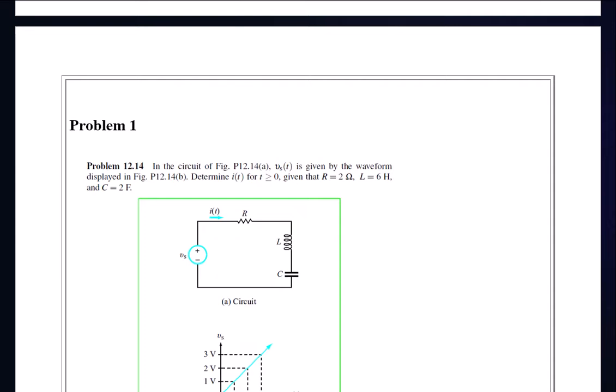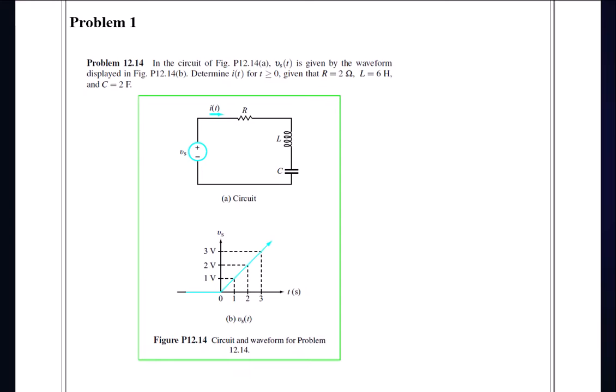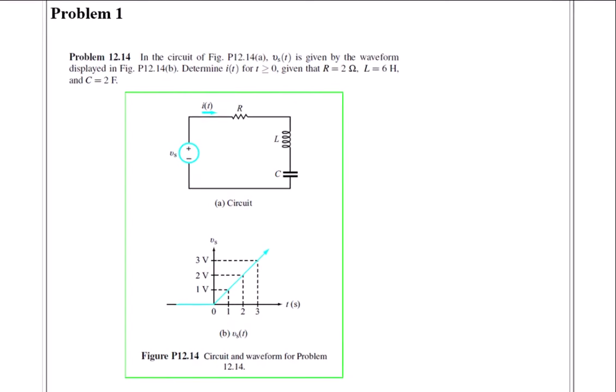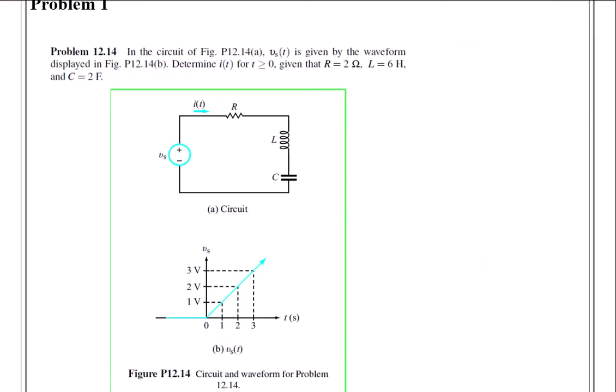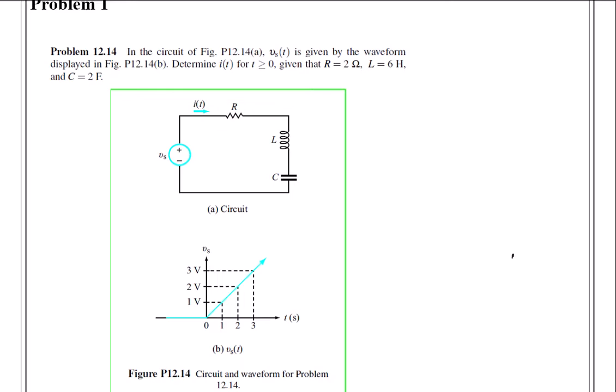So for this one, we are going to use the S domain, and we are given that the voltage is given by this graph right here. And if you look at the graph, you can see that's just the graph of v equals t u of t, because it starts at time t equals 0.